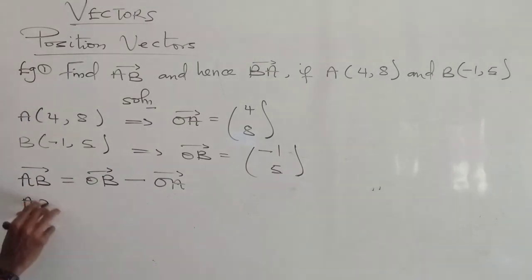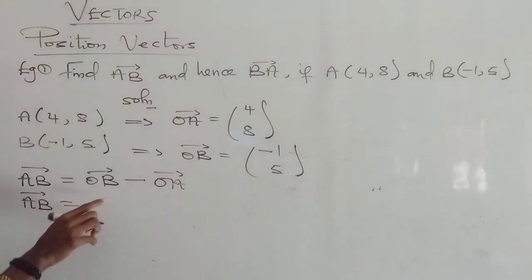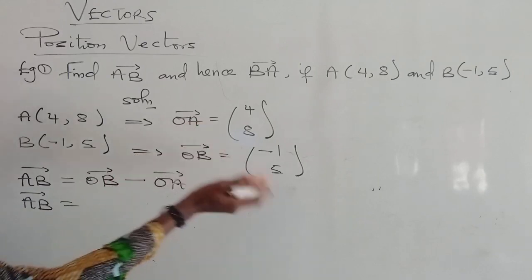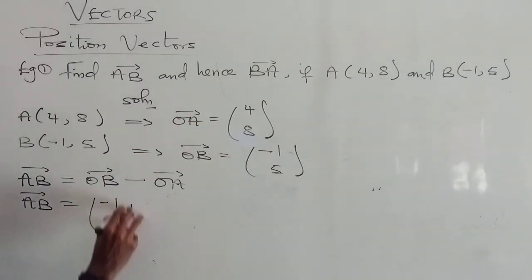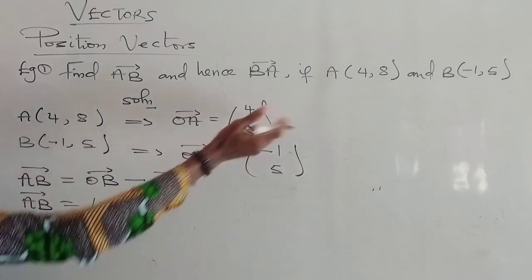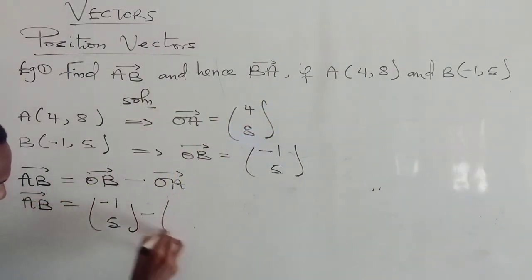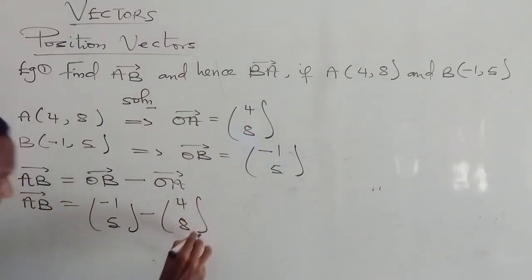So my vector AB will be equal to OB, which has been given to be -1, 5, minus the OA, which has been given to be 4, 8. Then we simplify to get our answer.